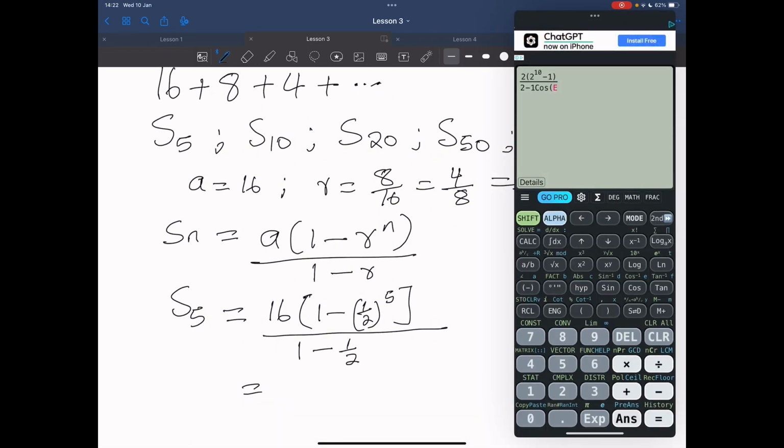Right, so let's do this one. We have 16 into 1 minus, okay, so it's a over b, so the r is 1 over 2.